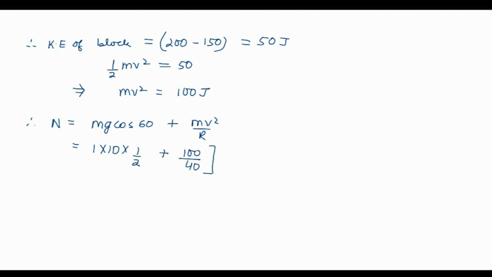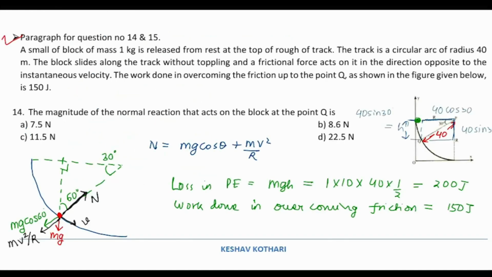So this will give us the normal reaction force, which turns out to be 7.5 Newton. So if we look at the options, the answer is option 1, that is 7.5 Newton is the magnitude of the normal reaction force that acts on the block at the point Q.